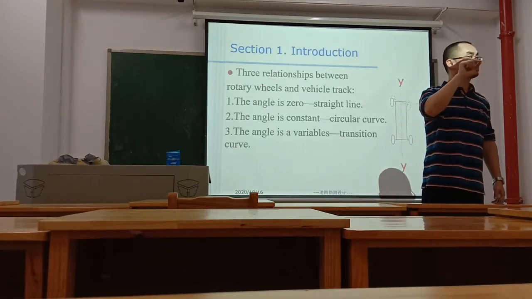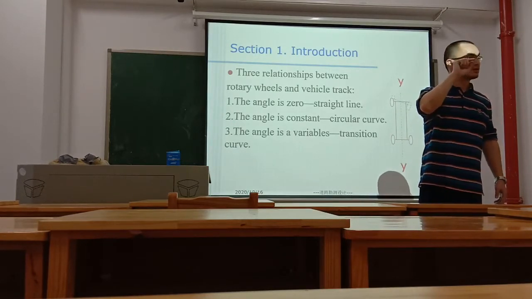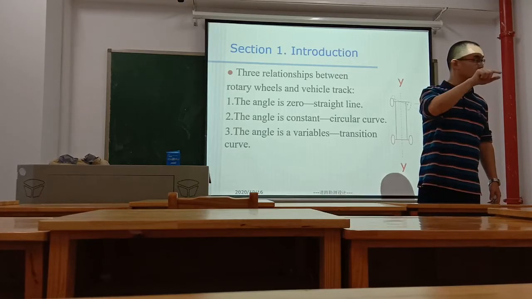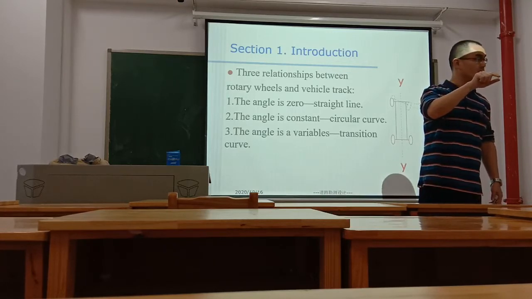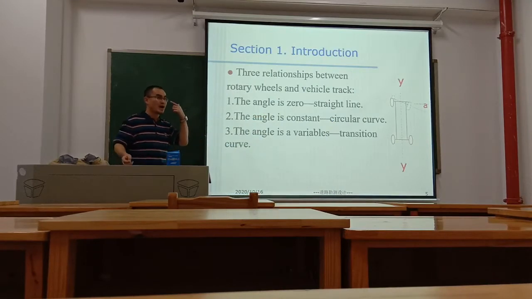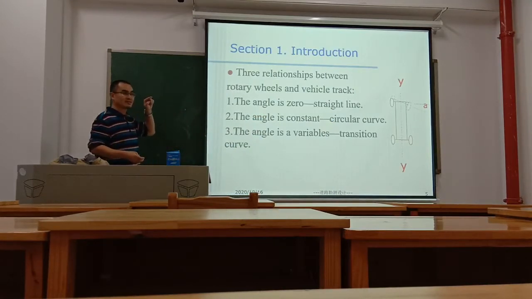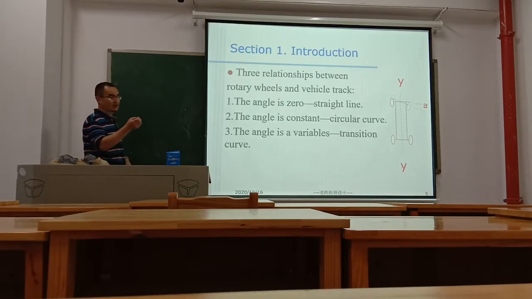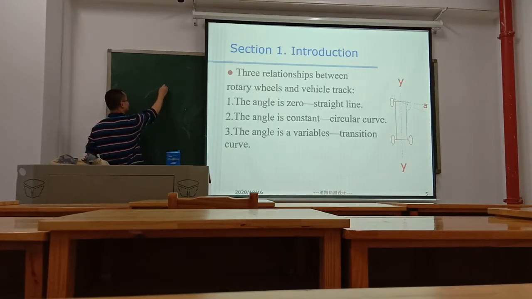You can see the route of the road, because your eyes can see and your brain can understand the route. For example, this is a straight line. This is a circular curve.